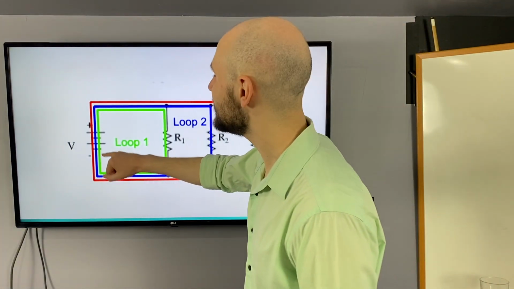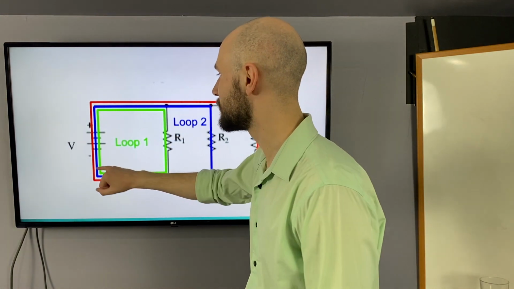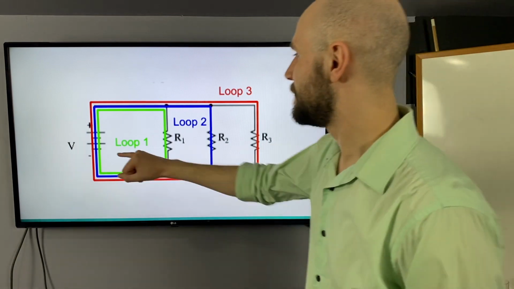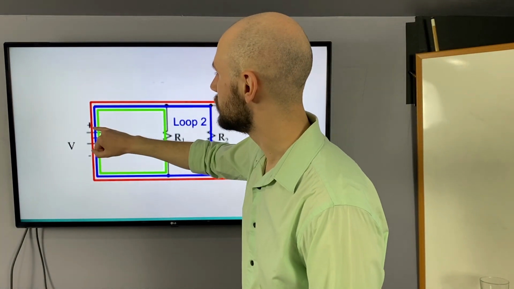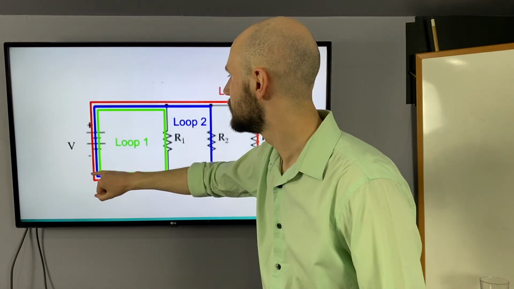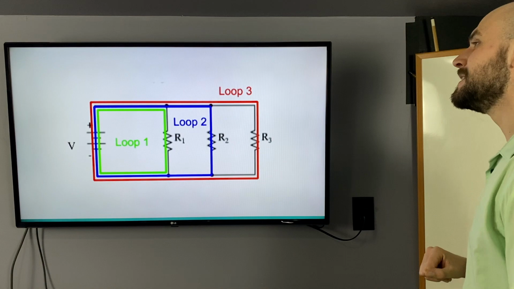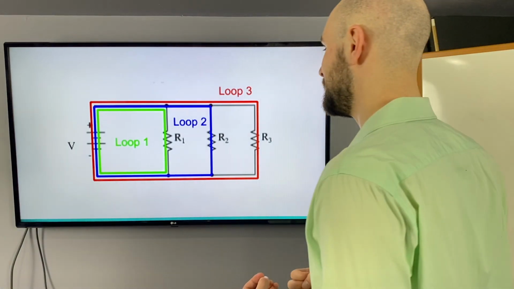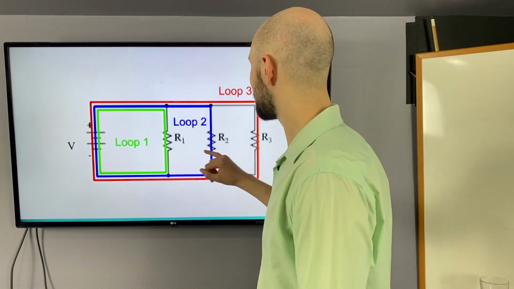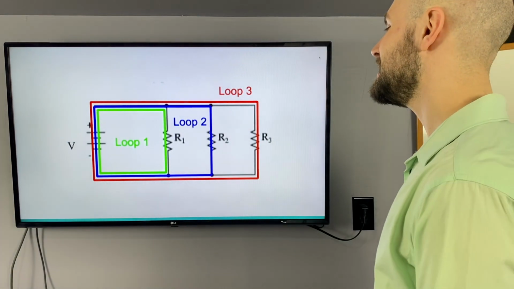Well, if we gain 12 volts here, that means we have to drop 12 volts in order for the loop rule to hold. If we gain 12 volts for the blue loop, loop number 2, we have to drop 12 volts here. If we gain 12 volts, we have to drop 12 volts across resistor 3. So based on the loop rule, the voltages across each one of these resistors have to be exactly the same.